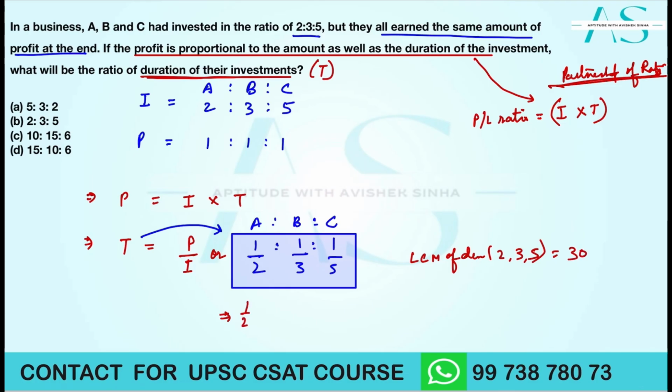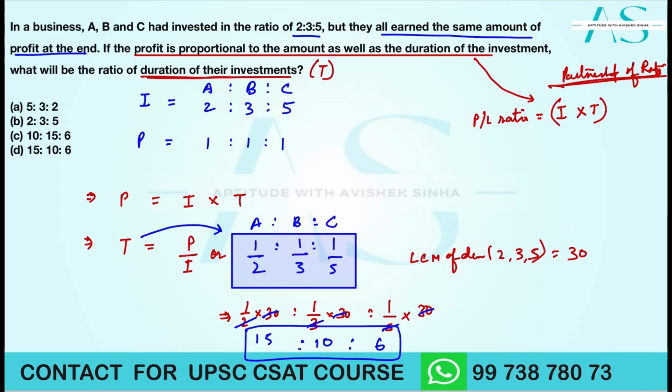So 1/2 into 30, 1/3 into 30, and then 1/5 into 30. Simplify it. So it is 15, 10, and 6. This right here is our time period ratio, option D.